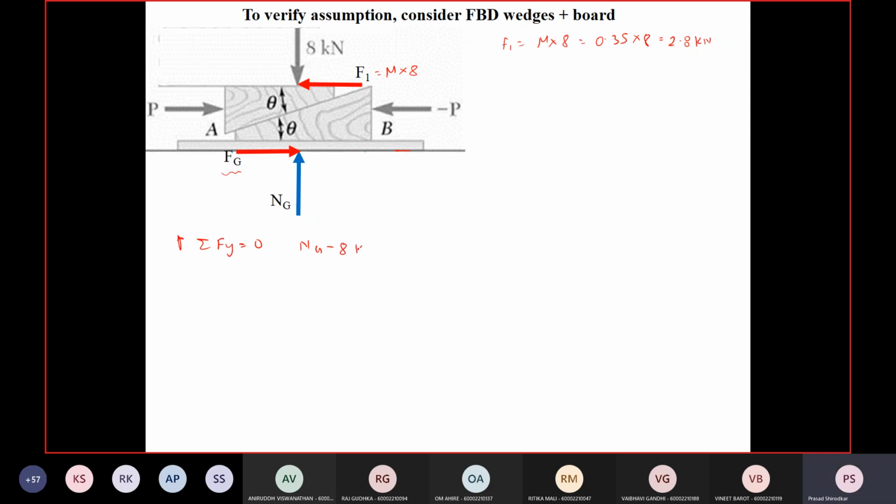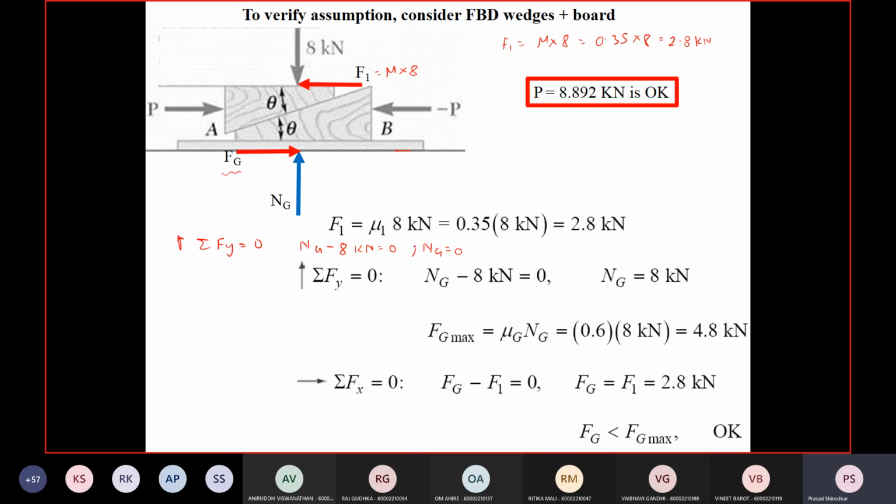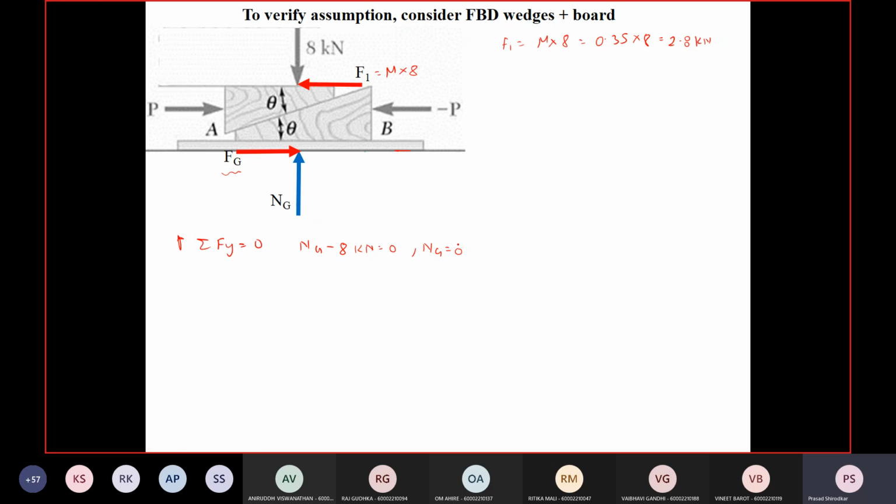So Ng minus 8 kilonewton is equal to 0. So Ng, normal reaction, is 8 kilonewtons.